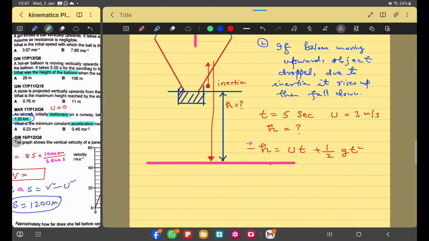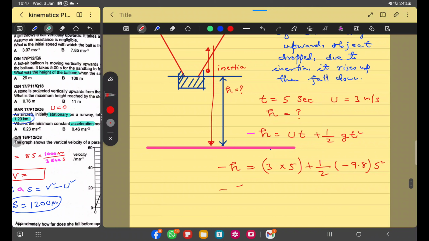In this question, if you do not use minus h, then the answer will be in minus. So it is a very simple question. Initial velocity 3, time is 5 seconds, acceleration minus 9.8 as it is moving upward, and time is 5 square.